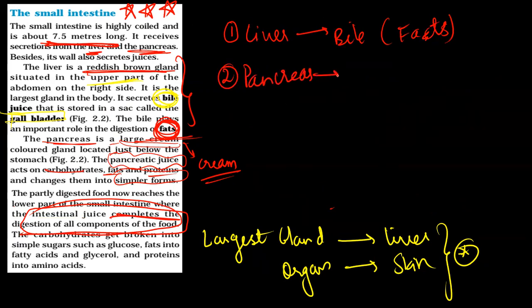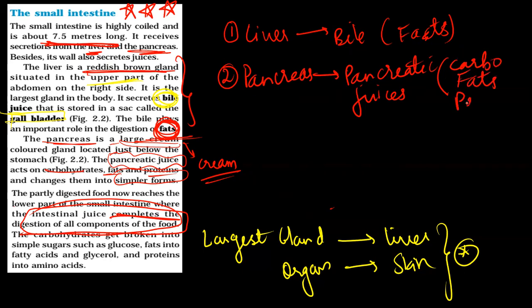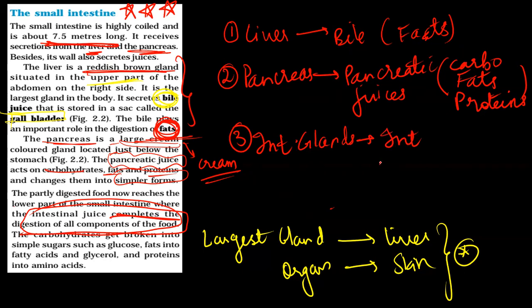The pancreas secretes pancreatic juices, and they act on carbohydrates, fats, and proteins. Intestinal juice, that is from the intestinal glands, they secrete intestinal juices and they complete the digestion of all components.